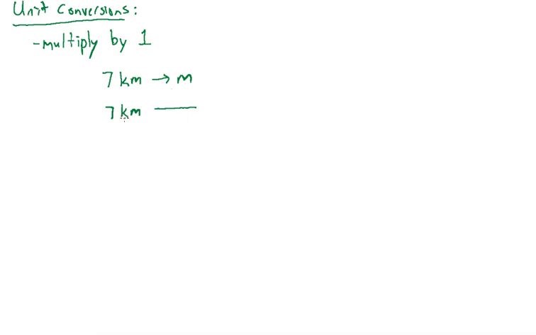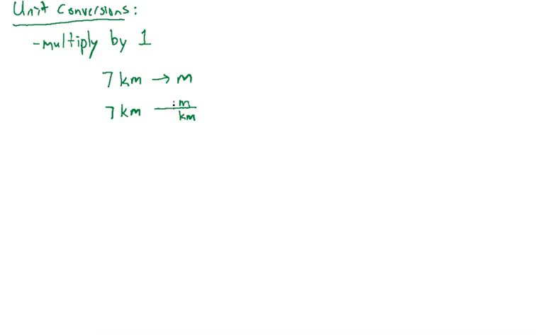In order to cancel out kilometers, which is in the numerator of our 7 kilometers number, I need to have kilometers in the denominator of my fraction, and I want to end up with meters, so I need to put meters in the numerator. So if I look at this right now, kilometers will cancel with kilometers, and I would have just a meter left.